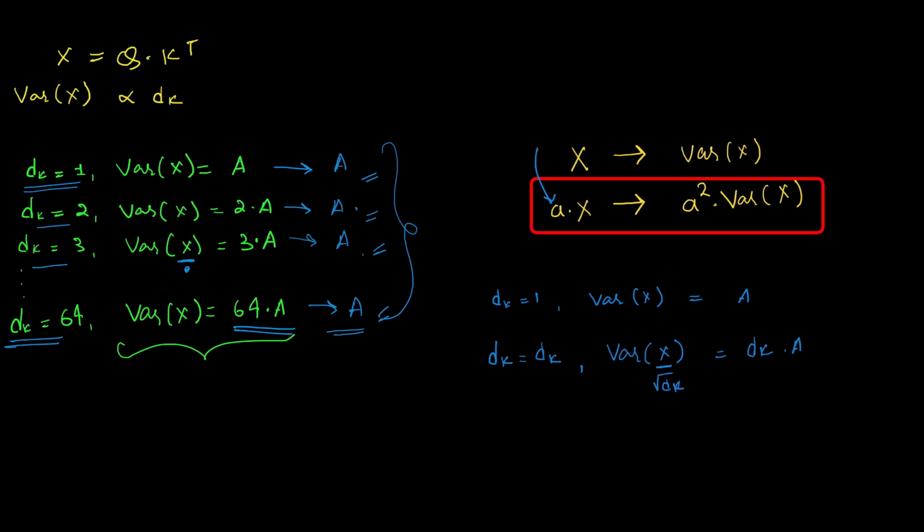So here the constant will be equal to 1 upon root of dk, and that is going to be 1 upon root of dk squared times a. And this will cancel out and we will have a. So if I always divide my x by root of dk, then no matter what value of dk I have here, my resultant variance is always going to be the same.